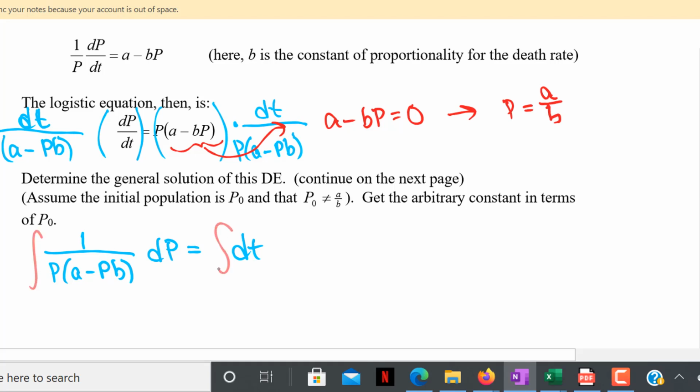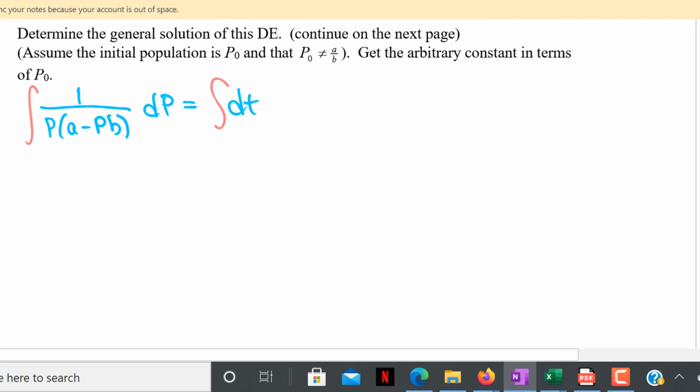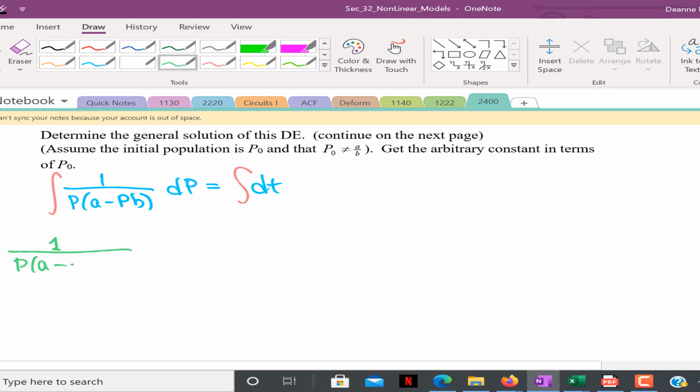But on the left, I'm going to need to use partial fractions to integrate. And remember, for partial fractions, in the decomposition, we have as many fractions as we have factors in the original denominator, and we have 2 factors. One of them is P, and one of them is A minus BP. I'll just use capital A and capital B as my constants in the numerator.